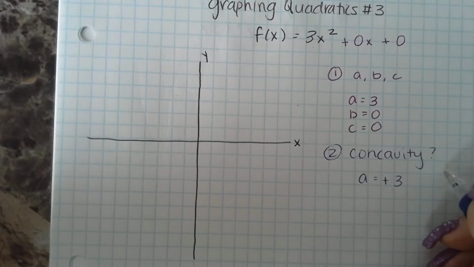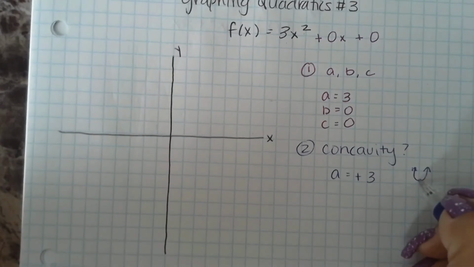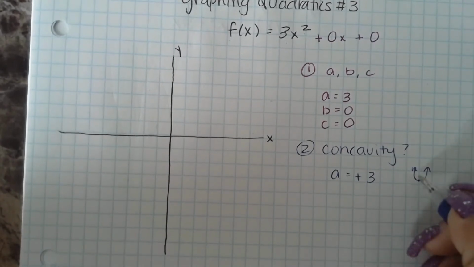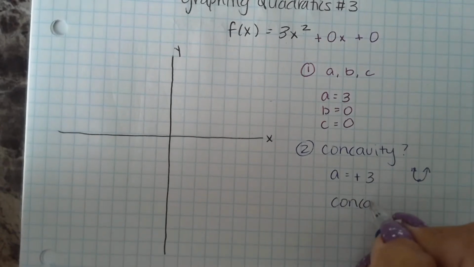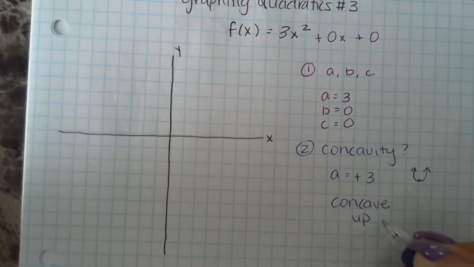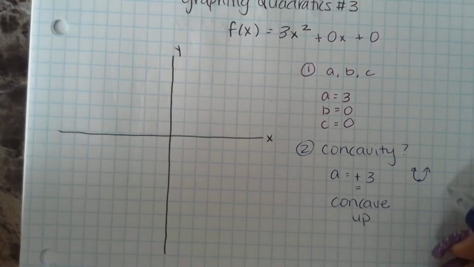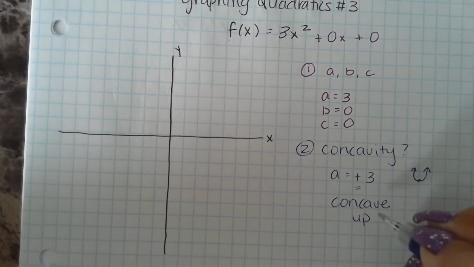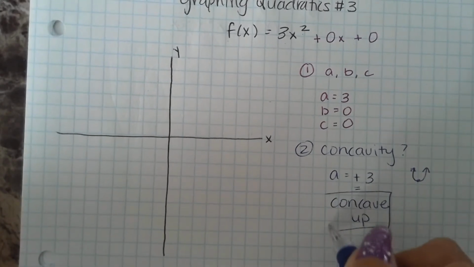If it is positive, it is going to be concave up, okay? So we know that our graph is going to look like this. We discussed that in our previous video. We know that because of our sign that's positive. If it was negative, then it would be down. But it is positive, so it is concave up.